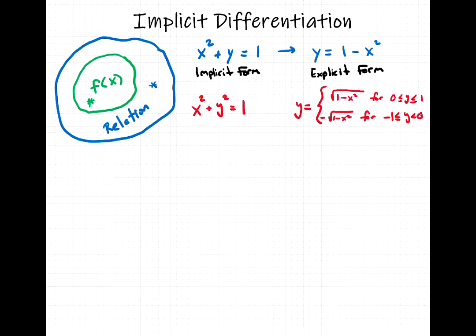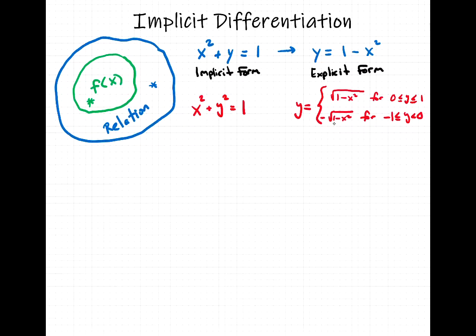All right, so obviously in this case, the implicit form is much simpler. But it's still a case where we could break it up piecewise, where each piece of the relation is a function. It's basically the top semicircle and the bottom semicircle.